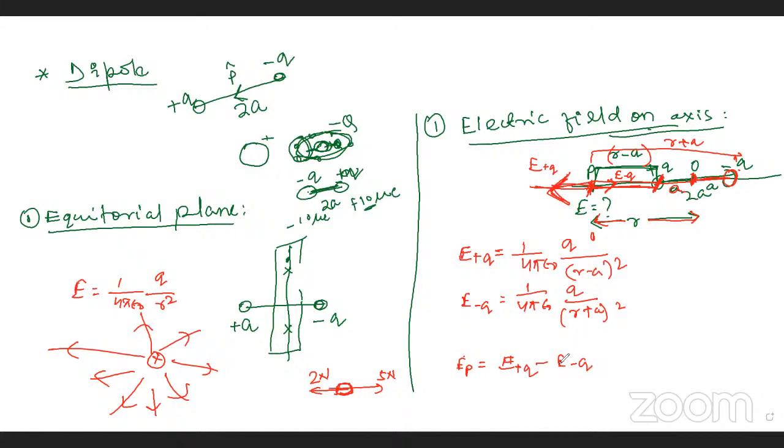Your net field will be the difference. I have taken magnitudes, so the common factor will be Q by 4 pi epsilon naught, and this will be Q by R minus A whole square.